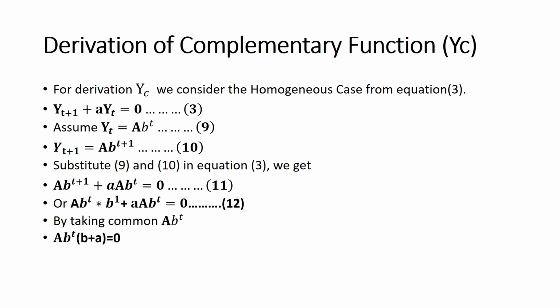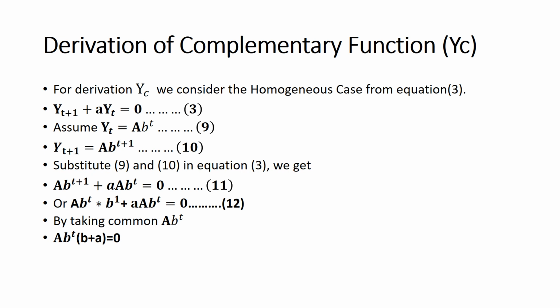Yt is equal to A b to the power t and yt plus 1 is equal to A b to the power t plus 1 into equation number 3. We will get A b to the power t plus 1 plus a, with arbitrary constant capital A, b to the power t is equal to 0. Here b to the power t plus 1 is decomposed into two components, A b to the power t into b to the power 1.